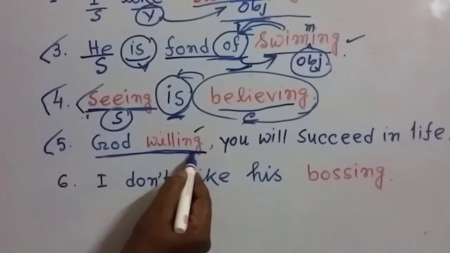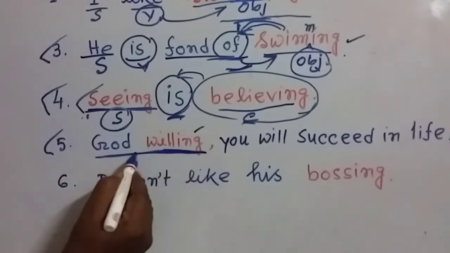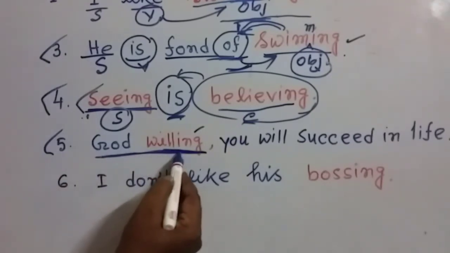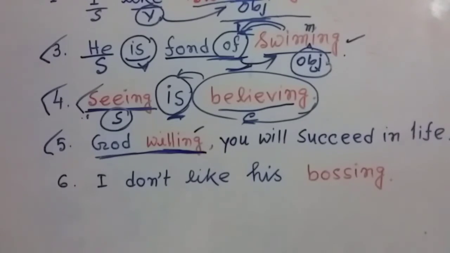Actually, think about this term, God and will. These are jointly used in sentences. These are actually a combination of words, you can say. We cannot use them separately. All the time we have to use these two words jointly.